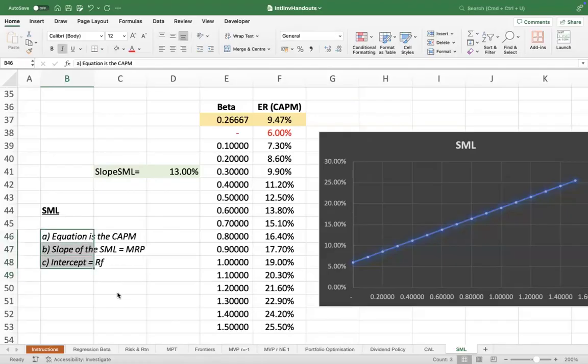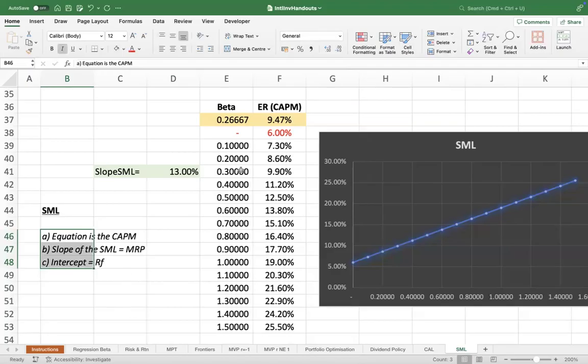Now, please remember, one of the applications of the security market line is that it helps you with intrinsic valuation of the security. So if you use the cost of equity, which you get from the CAPM, to find out the price of the security, the intrinsic value, by discounting all the cash flows to the present, that's the price that you will be willing to pay for the security. It will get you to the intrinsic valuation or fair value of the security.